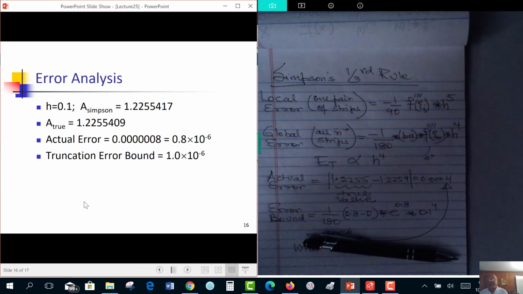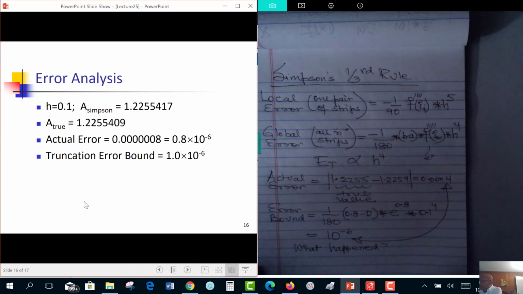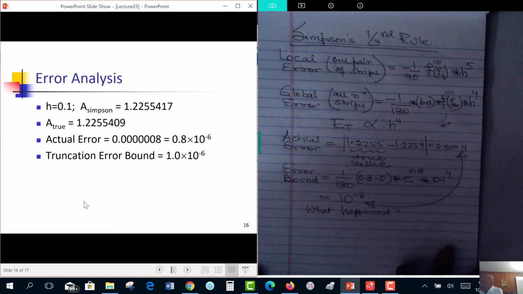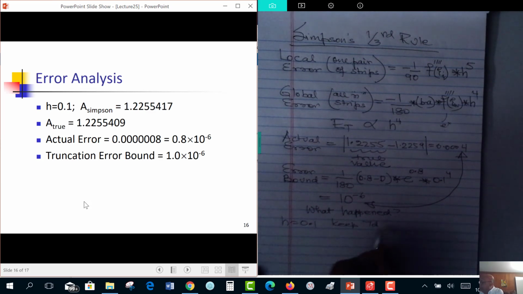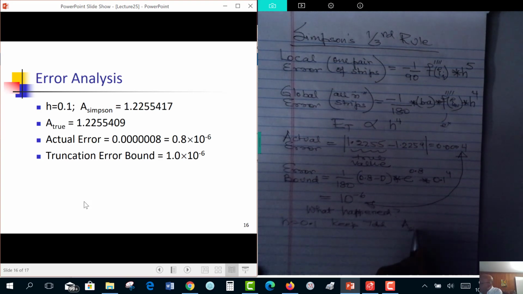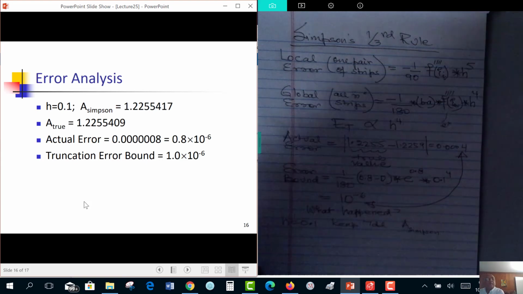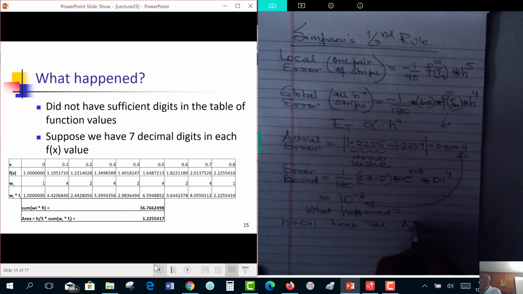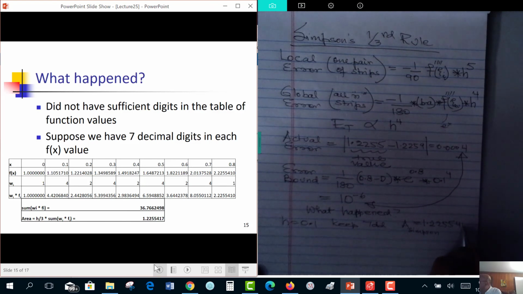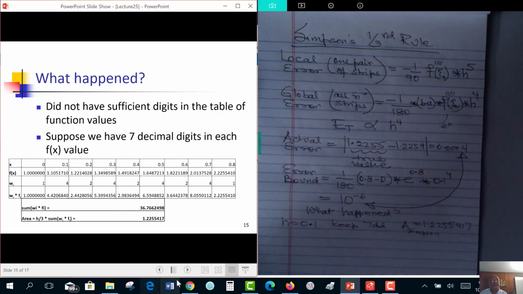So now we calculate what our error is. So when h is equal to 0.1 and I keep 7 decimal digits, I get area by Simpson's rule. You just saw it in the previous slide. We get 1.2255417. That's 7 digits.